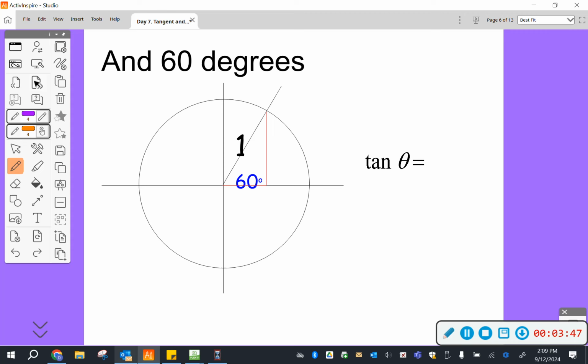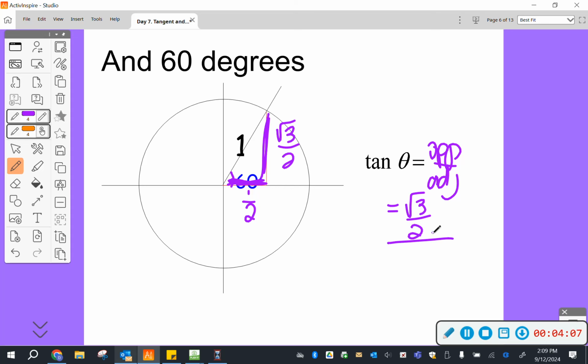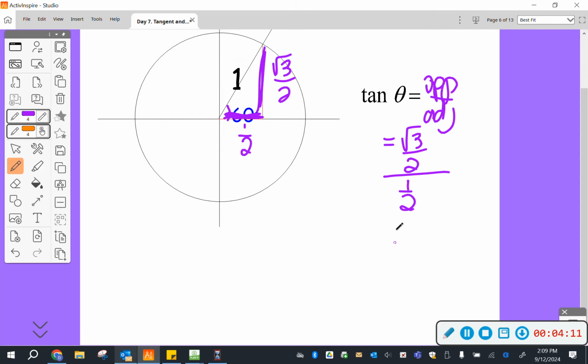Last but not least, 60 degrees. For 60 degrees, what did we say our x was right here? 1/2. And our y? And again, we have to do the opposite over adjacent. What is my opposite? What is my adjacent? And just like we said, it's a lot of divided signs.